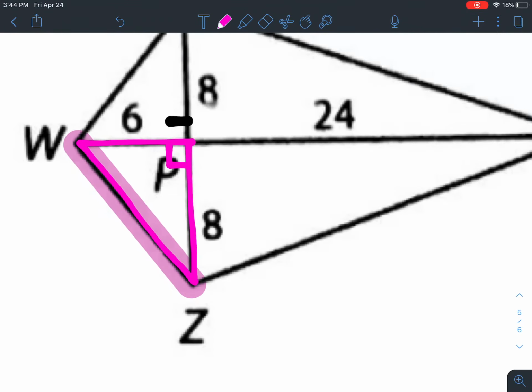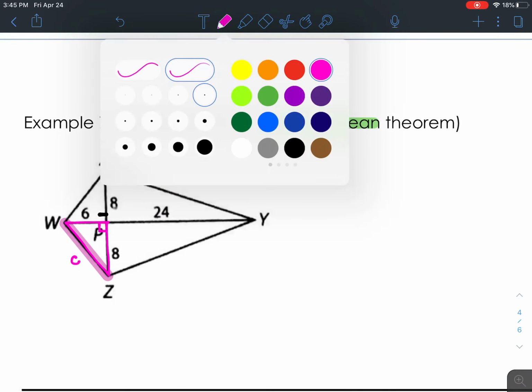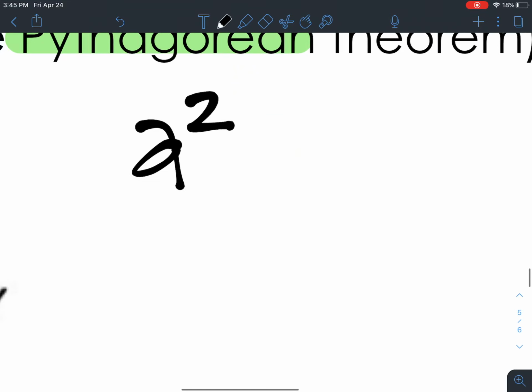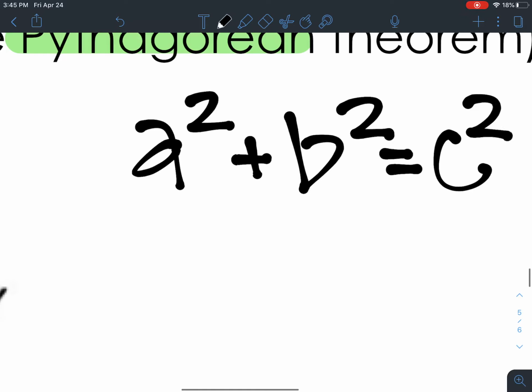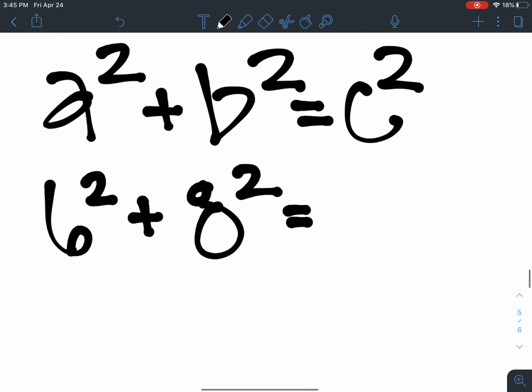So if we're looking at this triangle, which of those sides has to be C? Well, it has to be the one opposite of the right angle, which means that C is my WZ, and then 6 and 8 can be my A and B. All right, so plugging into Pythagorean theorem, we have A squared plus B squared equals C squared. Doesn't matter which one we plug in for A and B, so I'm going to do 6 squared plus 8 squared is equal to C squared.